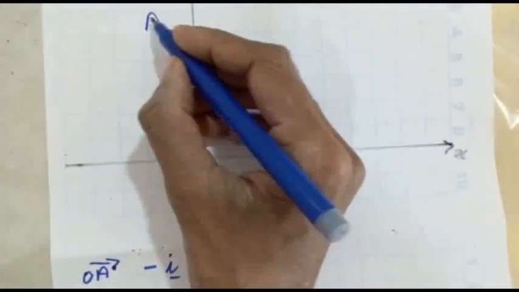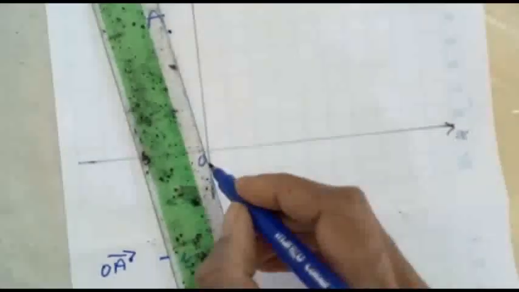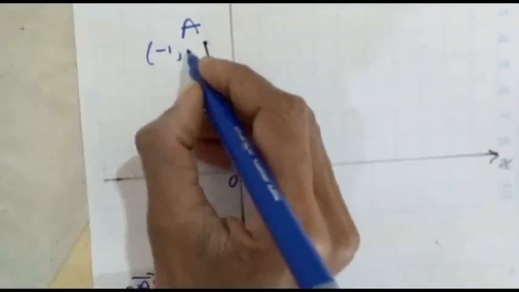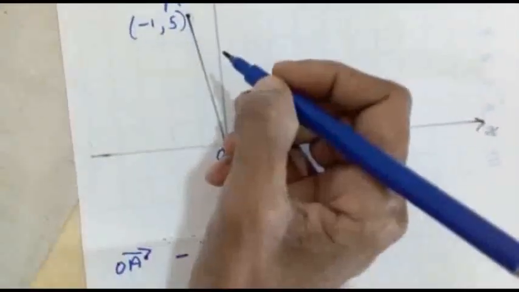Here is A. Now we can mark the vector OA. This point is negative 1, positive 5.